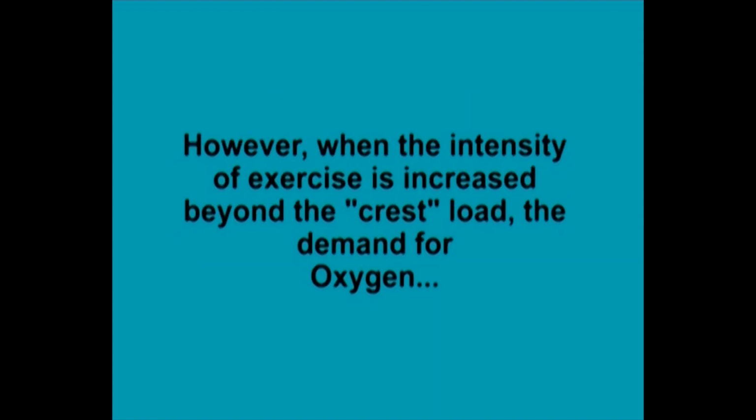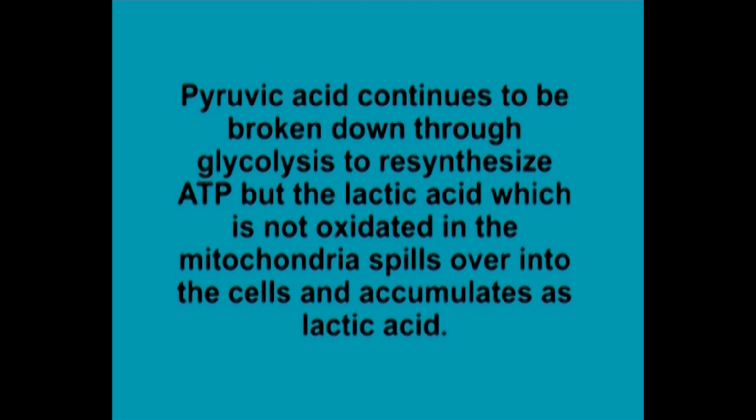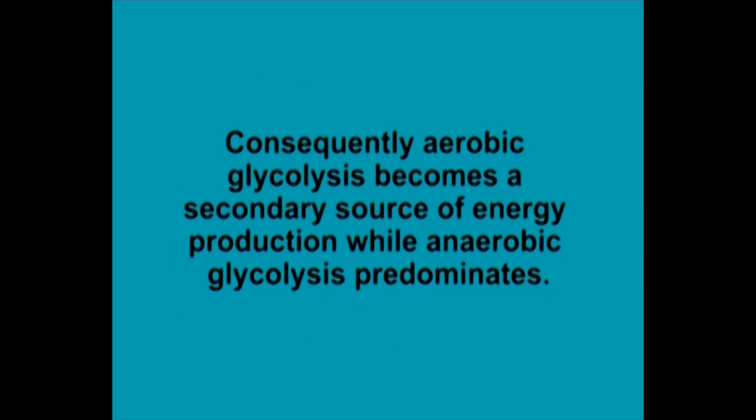However, when the intensity of exercise is increased beyond the crest load, the demand for oxygen, which cannot be stored in the cells, is not transported by the circulatory system fast enough for aerobic processes to prevail alone. Pyruvic acid continues to be broken down through glycolysis to resynthesize ATP, but the lactic acid, which is not oxidized in the mitochondria, spills over into the cells and accumulates as lactic acid.